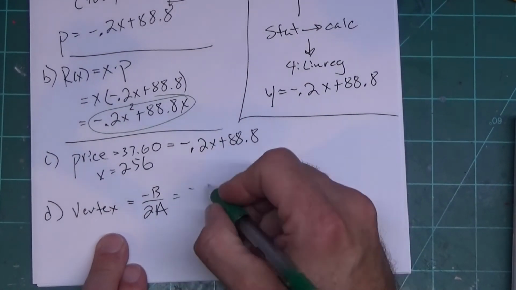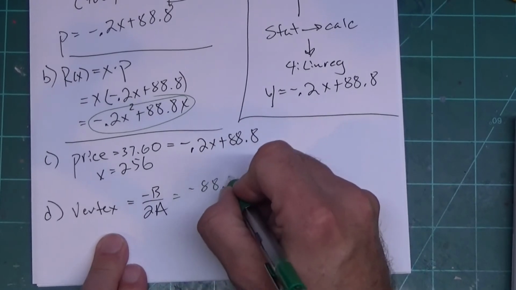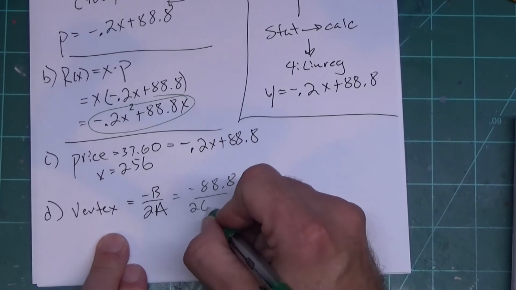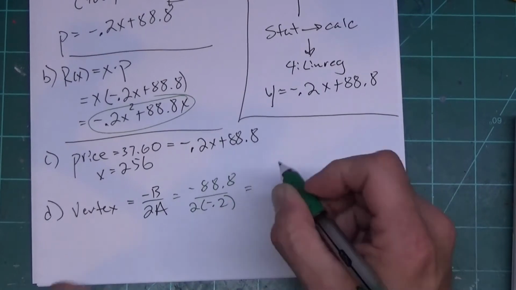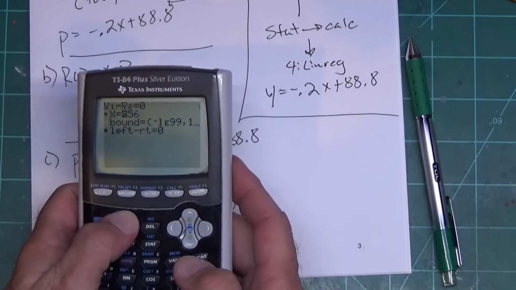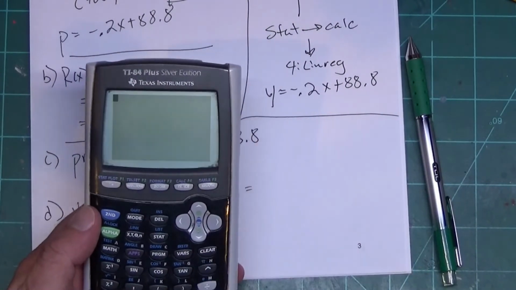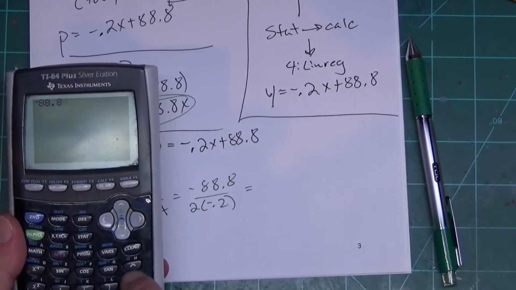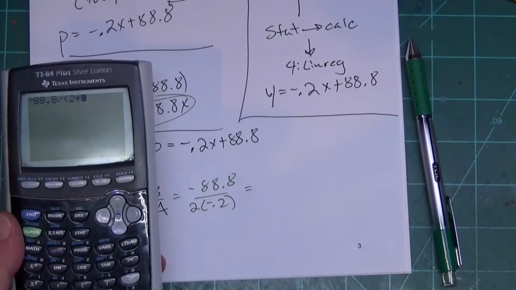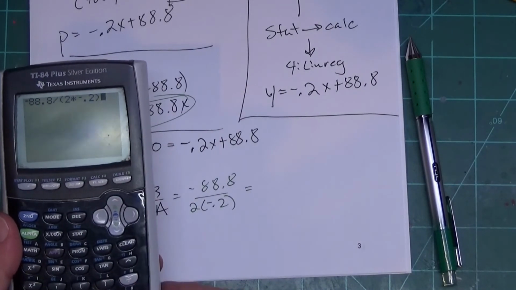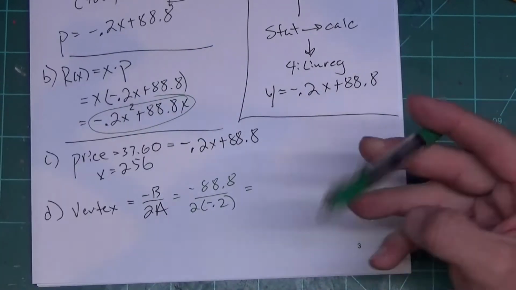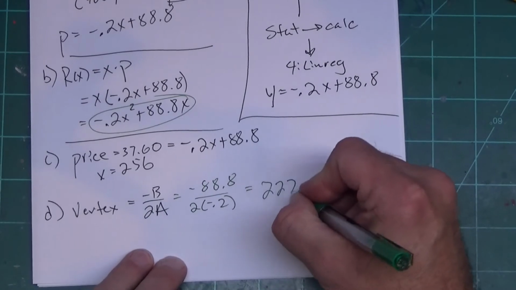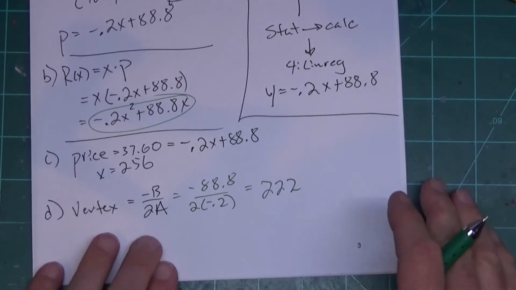So this is negative 88.8 over 2 times negative 0.2. And typing that in a calculator, going to the home screen, I type in negative 88.8 divided by parentheses 2 times negative 0.2, and I get 222. So I have to sell 222 items to maximize my revenue.